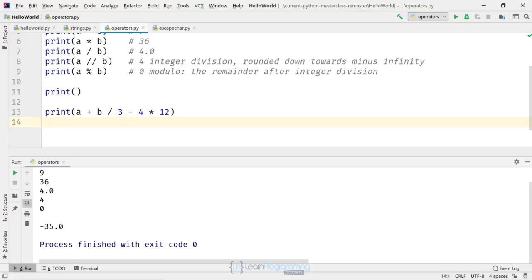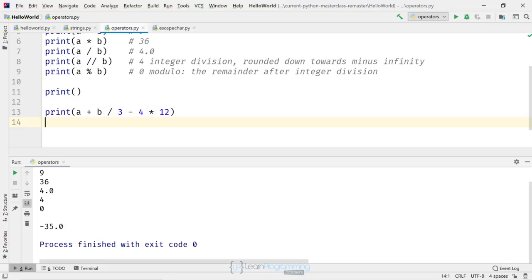If they were all equally important, we could just read the expression on line 13 from left to right and we would get the result 12. A is 12 plus B, which is 3, gives 15, divided by 3 gives 5, minus 4 leaves 1 times 12 equals 12. However, multiplication and division have higher precedence than addition and subtraction, so those operations will be performed first.